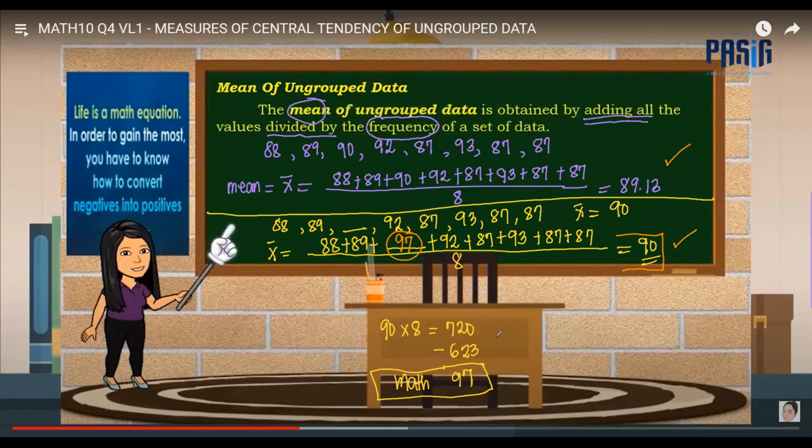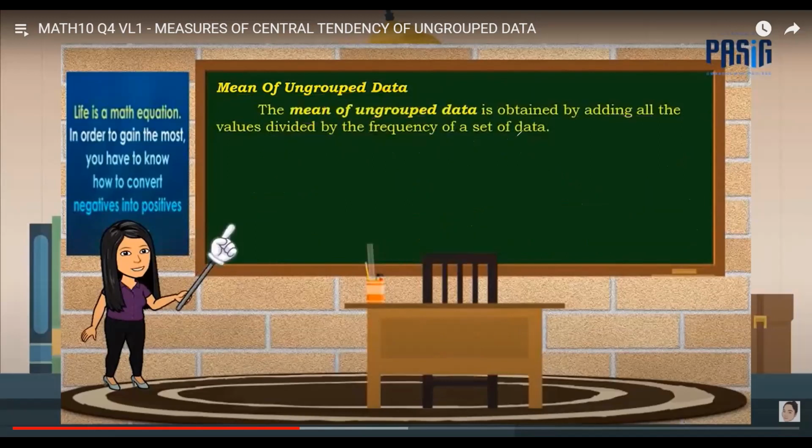Okay? So, nakadepende yan sa kung ano yung problem na ibibigay sa inyo. So, ganito lang po kasimple yung mean ng ungrouped data. Do you have any question? So kung wala na pong question, I will clear all the drawings and then we will proceed to median of ungrouped data.